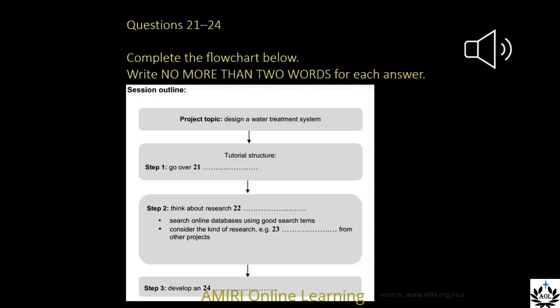Well, that's fine, because the next step in our tutorial will be to consider some common research strategies that you can use to get started. With engineering, a lot of the projects you do are practical, so you can think about how you can access other people's write-ups of similar projects. Yes, that sounds useful. How do I find those? Well, there's always the online databases, but you need to know what search terms to use. So, can you think of any useful terms?